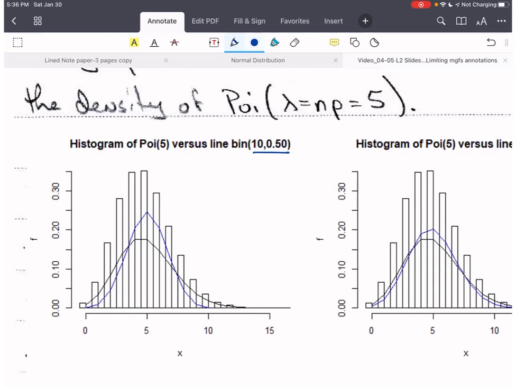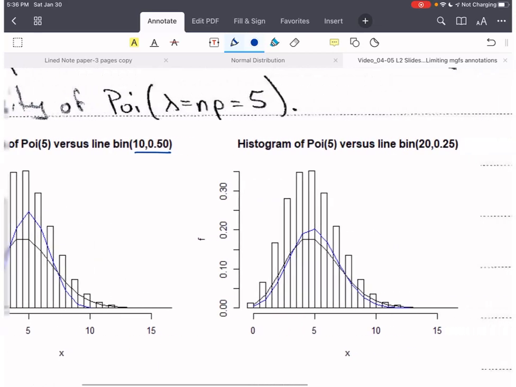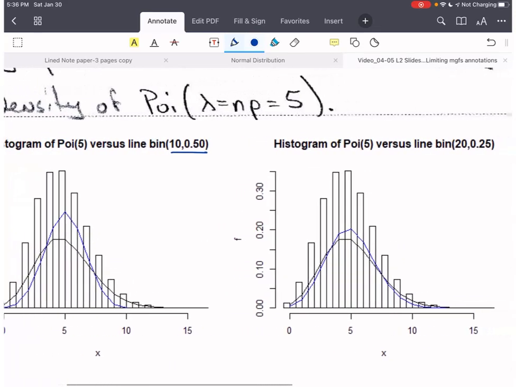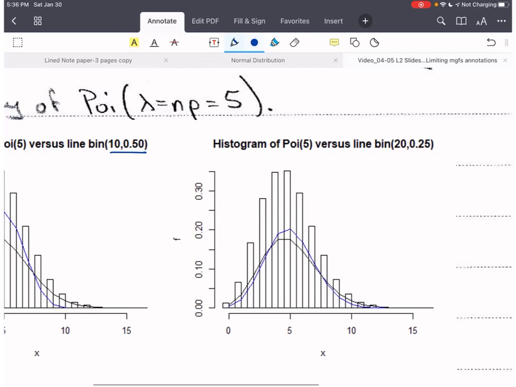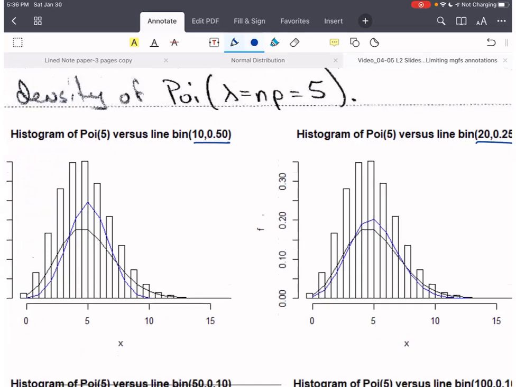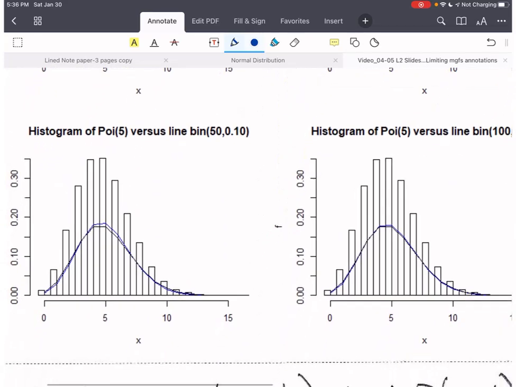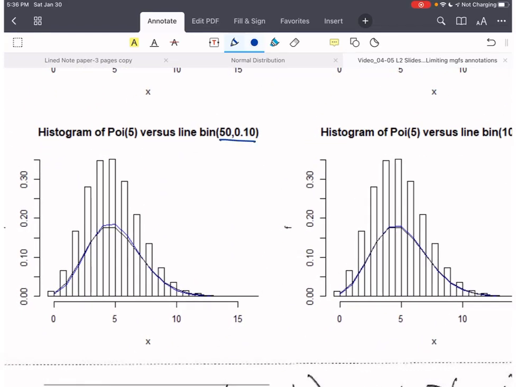However, the binomial is at p equals 0.5. Then we increase, so the Poisson 5 stays the same in every case. Now we have a binomial 20 and 1/4, and you can see that they're getting closer. And then we have 50 and 0.1, and that's very close.